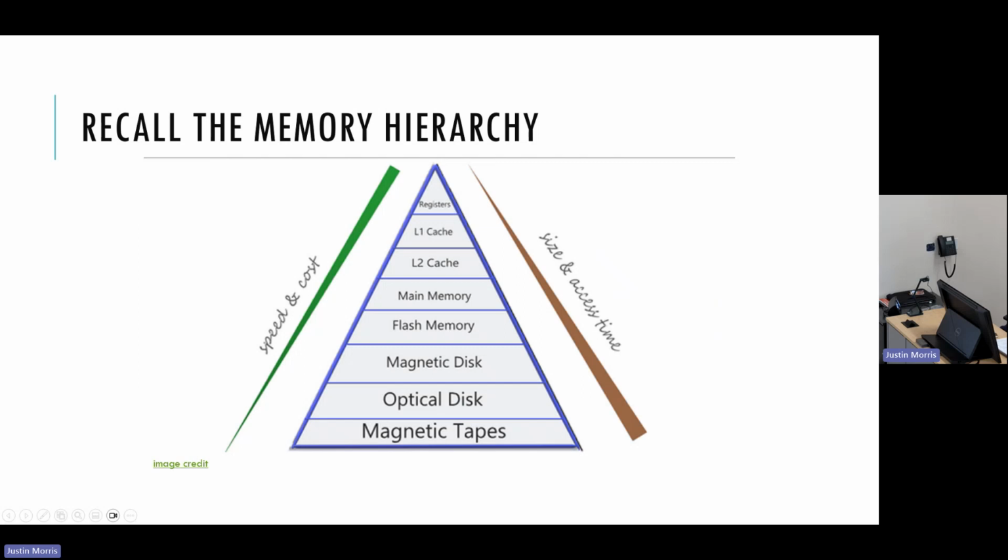The reason that we have this is we need very fast memory storage in order to have good performance, but it's not feasible to have very large memory storage that is this fast. Your chip would just be way too large. And so we have this hierarchy. If it's not available at the higher tiers of the hierarchy, you have to look down until you find the data that you need and move it up.